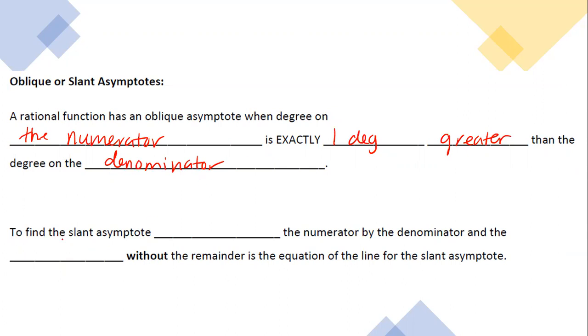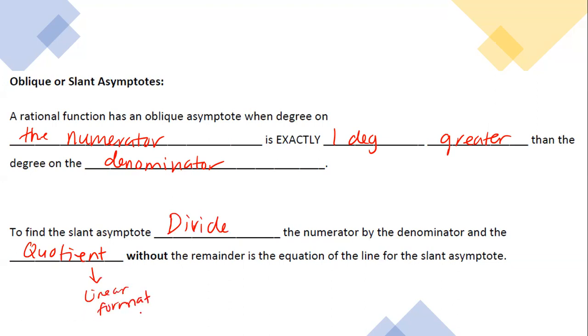All right, so to find the slant asymptote, we're going to long divide. You divide the numerator by the denominator, and your solution is the quotient without the remainder. It's typically going to be in linear format.